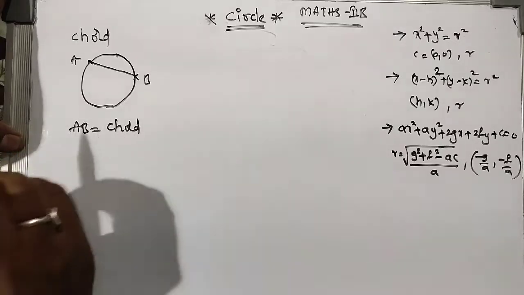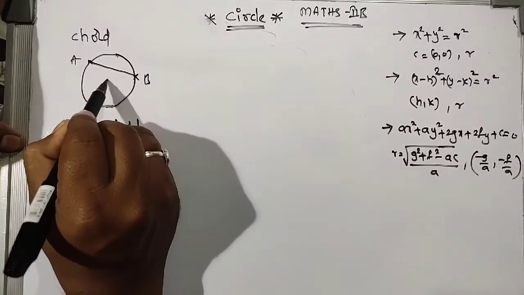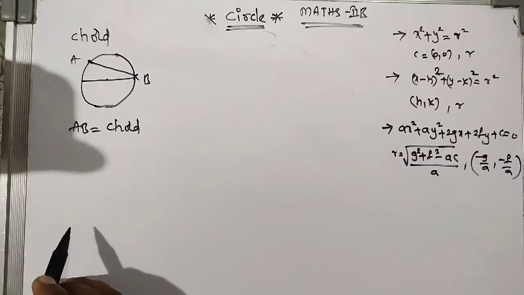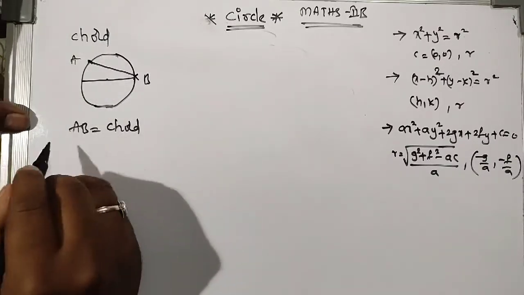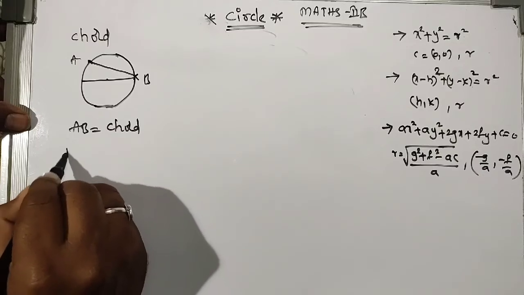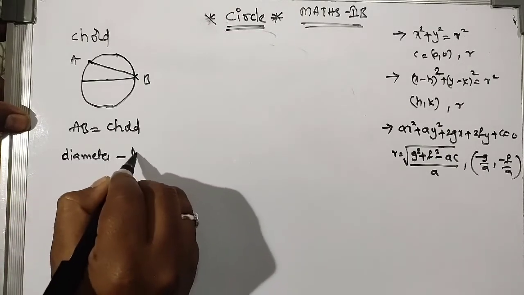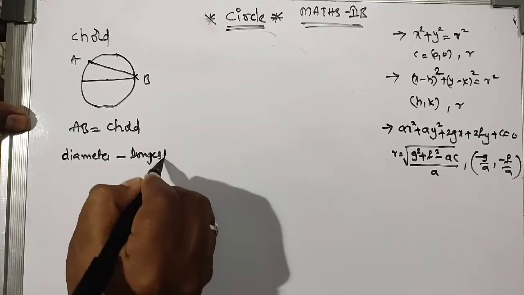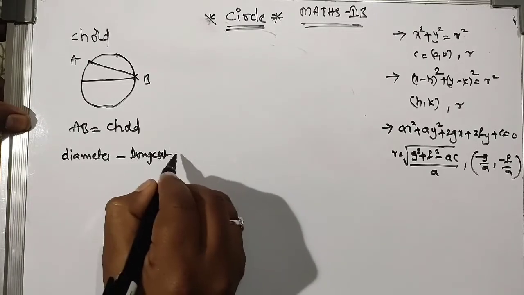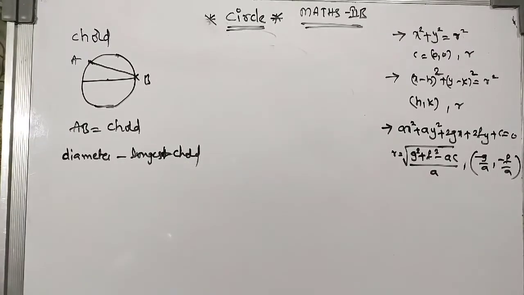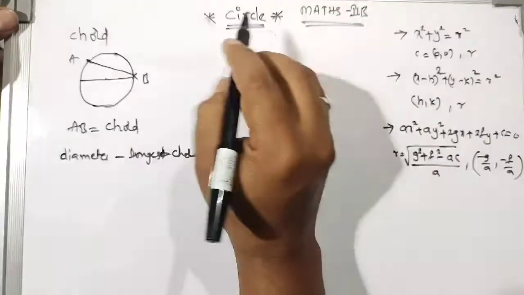In a circle, the diameter is also a chord, and it is the longest chord.